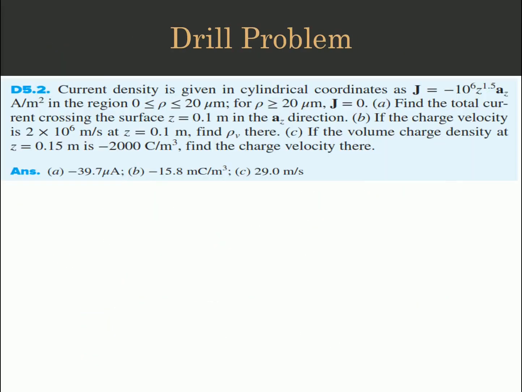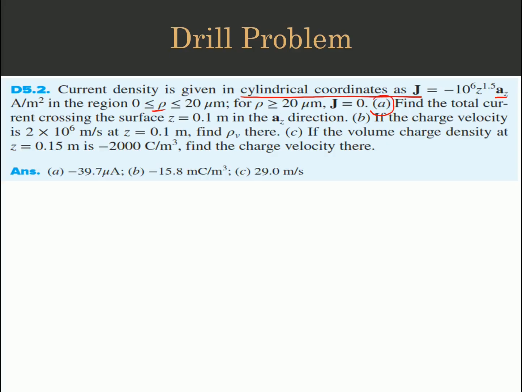Let us look at a problem and see how we can utilize these equations to get the solution, especially the point form of continuity of current. In this problem, we have been given the current density in cylindrical coordinates. It is in the az direction with the phi range given.